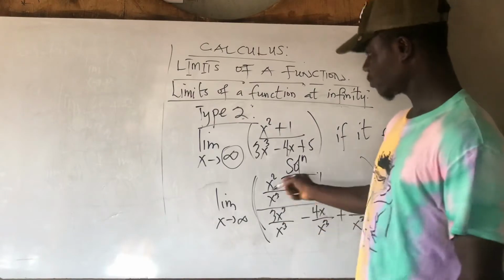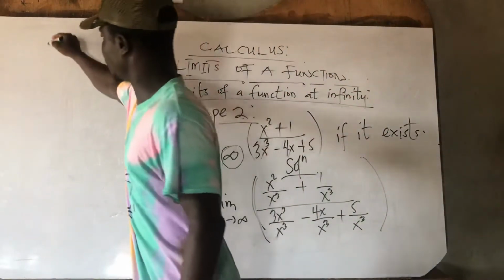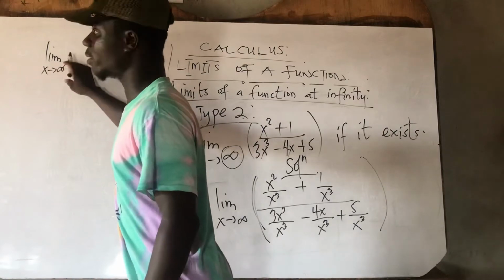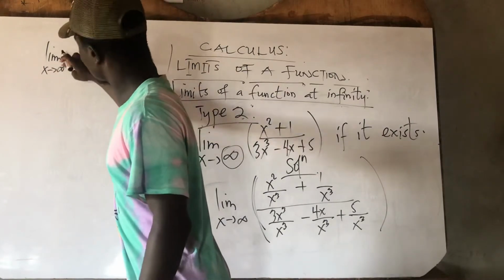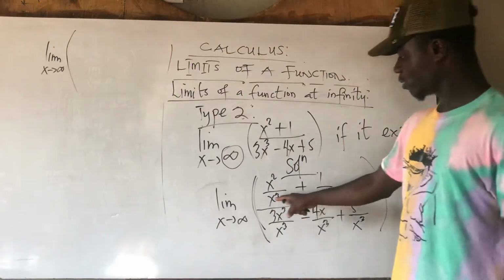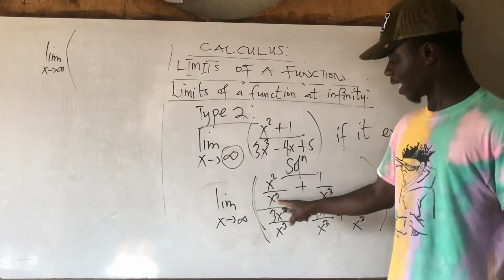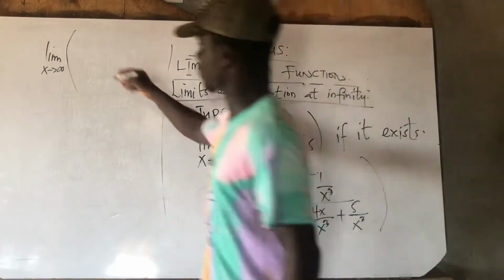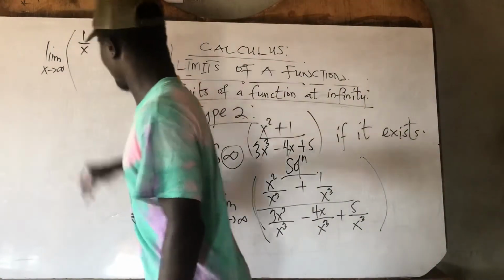So now we still have the limit as x approaches infinity of x squared over x cubed. The x squared cancels two of the x's, so we get 1 on x.